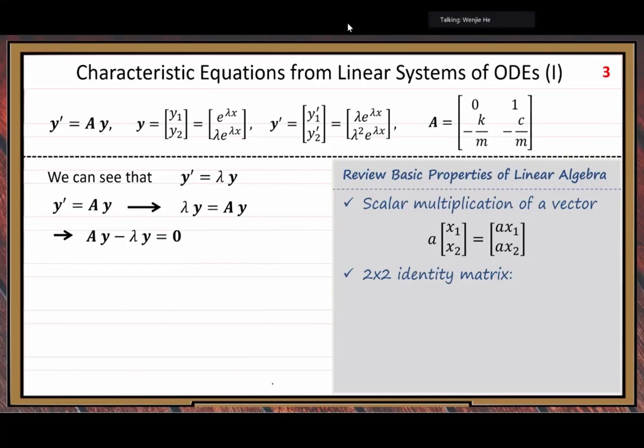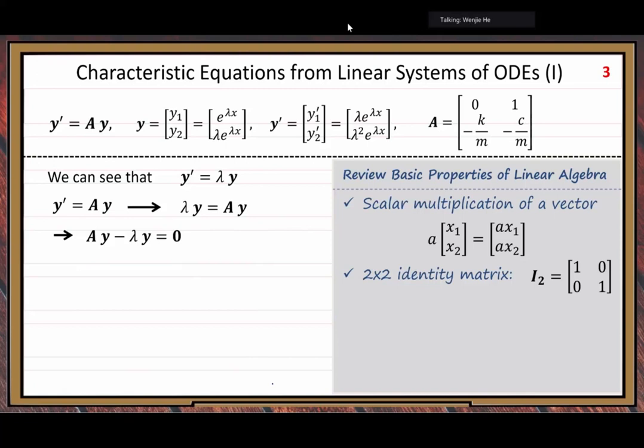All right. Let's look at the 2 by 2 identity matrix. Sometimes we need to use this special matrix. So we use the notation I sub 2, of size 2 by 2. On the diagonal entries, 1. All the other entries, 0. That's the identity matrix. Very basic, but very important.